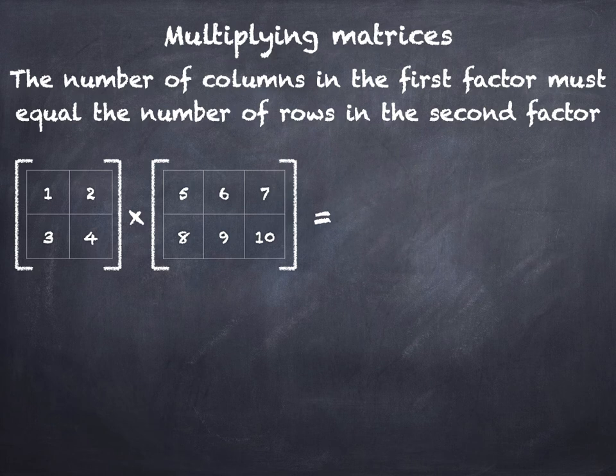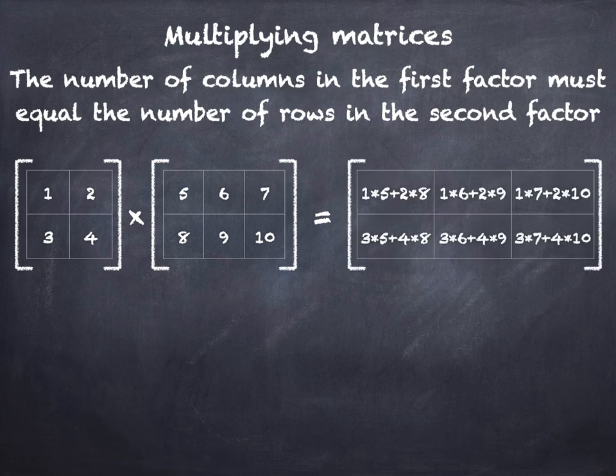Well, the first step is to do this. I'm sorry, it looks really complicated because I didn't take the time to make it animate and each cell come in separately. First cell, that's the top left corner. You're going to take the first row and multiply it by the first column.